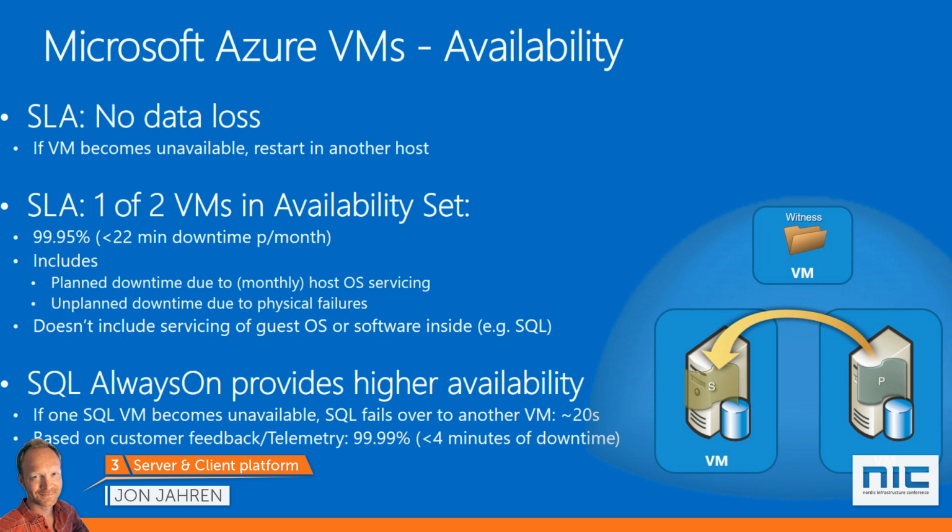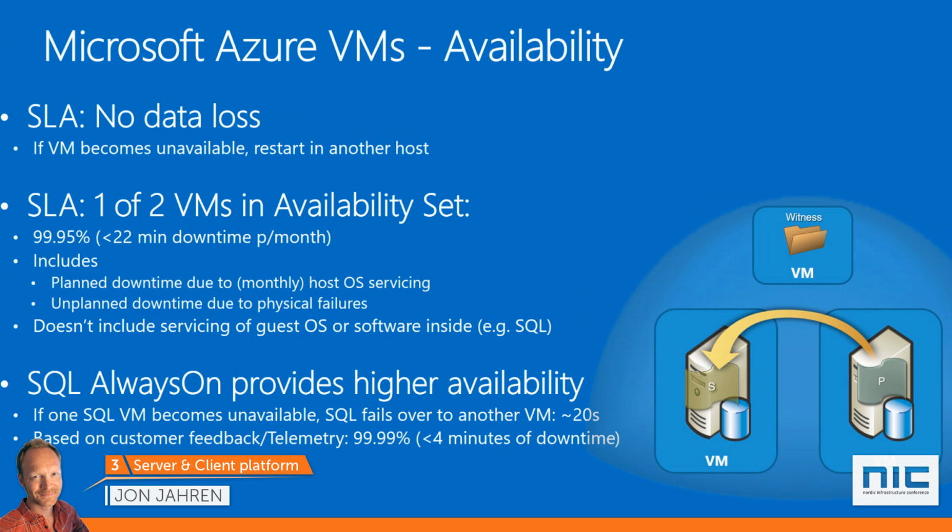Okay, as themselves, the Azure VMs, we say that they have 99.95% availability. So we reserve the right to have some planned downtime due to host OS servicing, and have some overhead for physical failures.